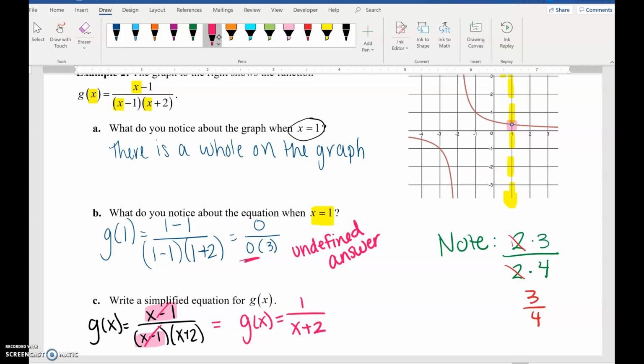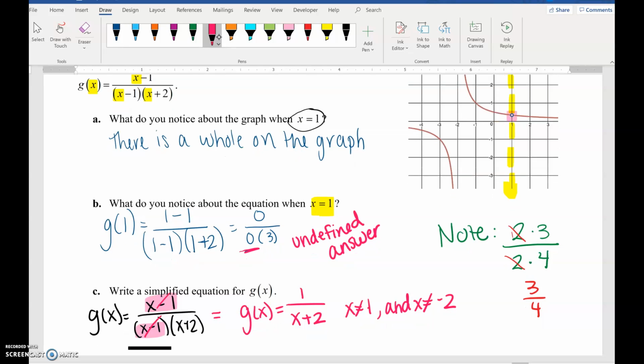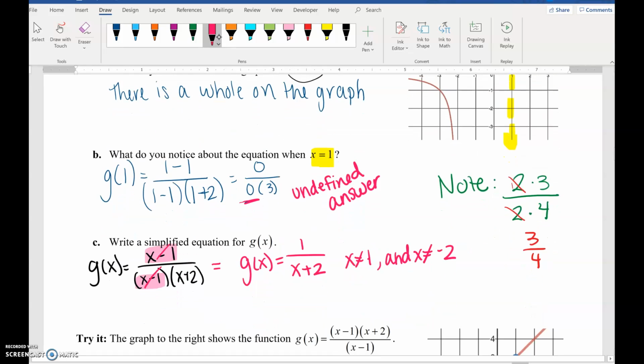Now, when we look at this function, it's kind of misleading because we saw that in our graph, x cannot equal 1. And here, it also can't equal negative 2. When we're writing this, we're not just going to say x cannot equal 1. We're going to say there is a hole at x equals 1.